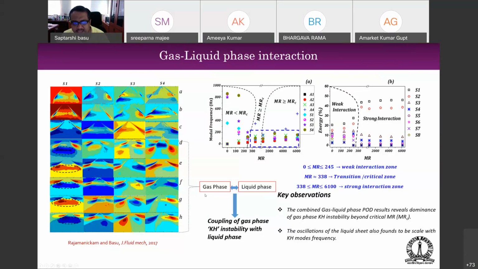The gas phase and the liquid phase get locked with each other at that particular Kelvin-Helmholtz mode, and they start basically to dance to the tune of the flow field. So beyond a certain momentum ratio, it is the gas flow field which dominates the liquid phase. That is the important takeaway message over here, as you can see in that particular region.